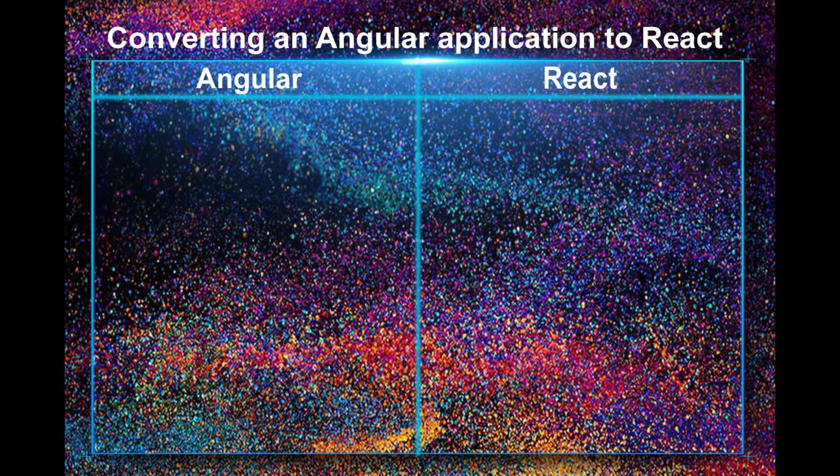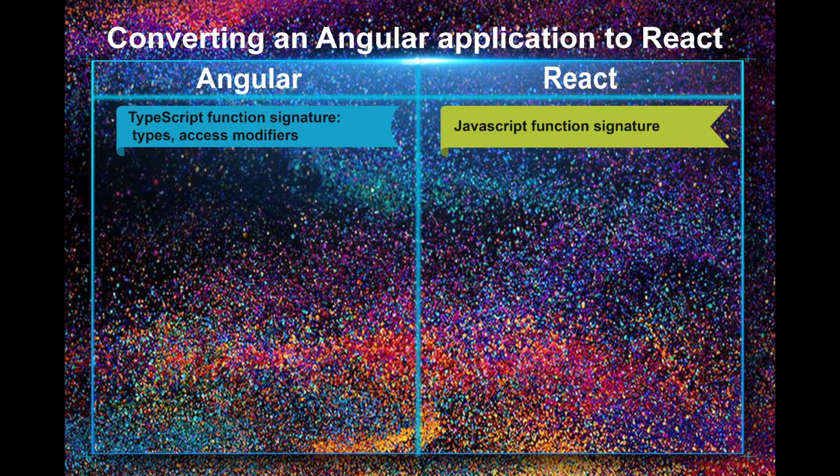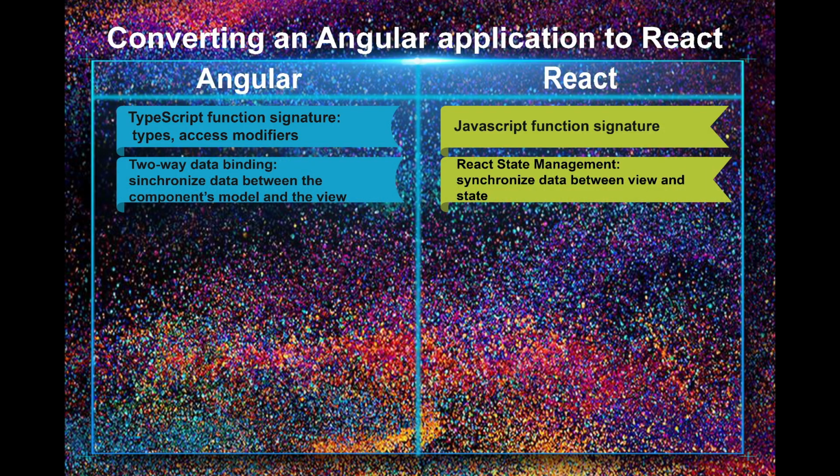Let's recall the main points of converting an Angular project to a React project. Function signatures: Angular uses TypeScript function signature with types and access modifiers. React uses JavaScript signature without types or access modifiers. Angular uses two-way data binding to synchronize data between the component's model and the view.